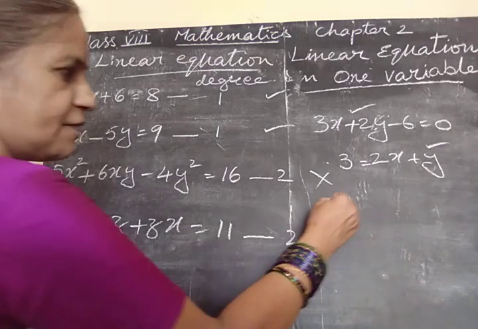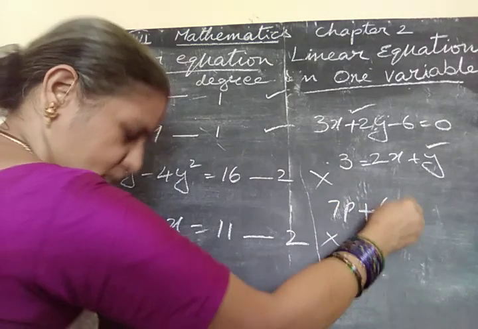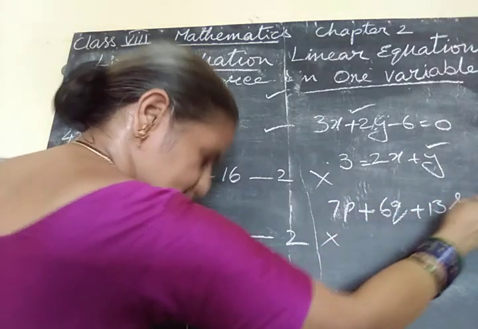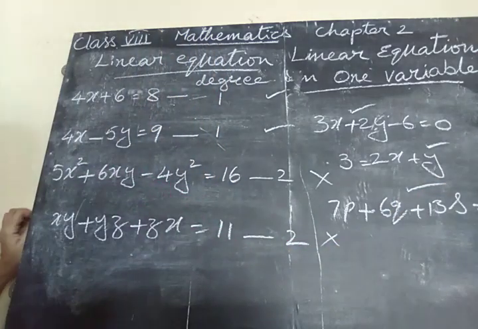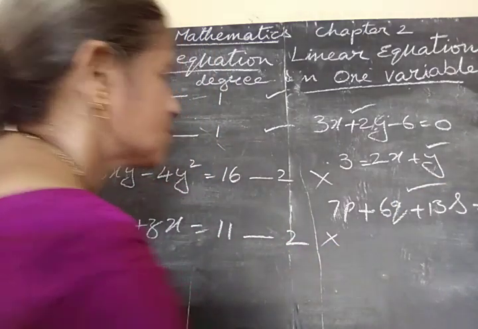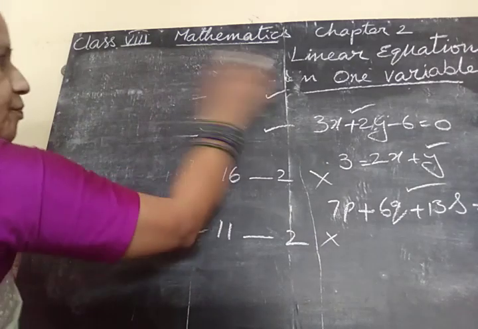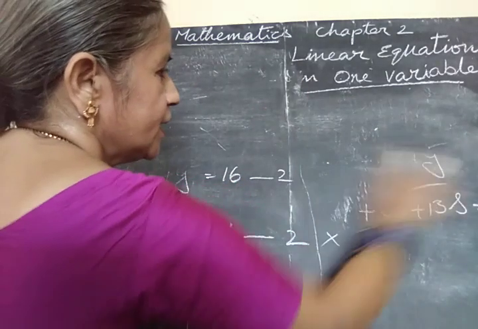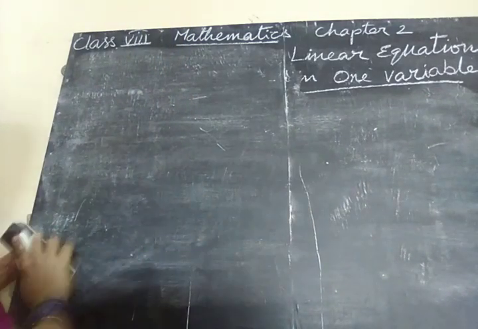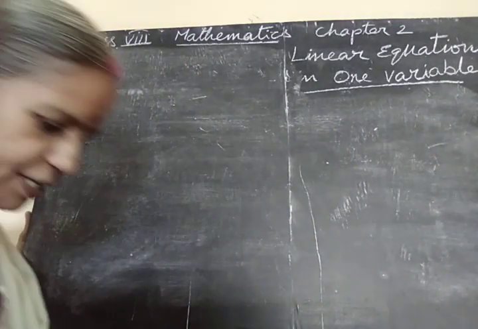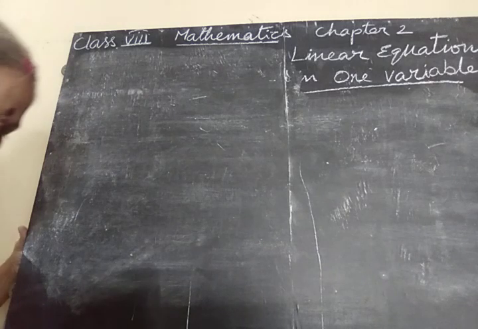Next 7p + 6q + 13s = 11. Degree 1, so linear equation. Understood, children? So like that you can find linear equations. Now, linear equation in one variable.